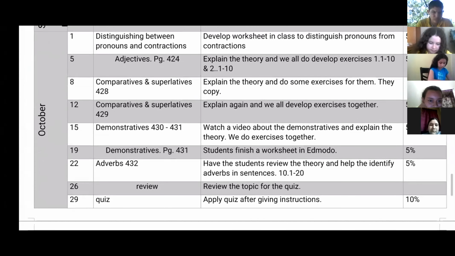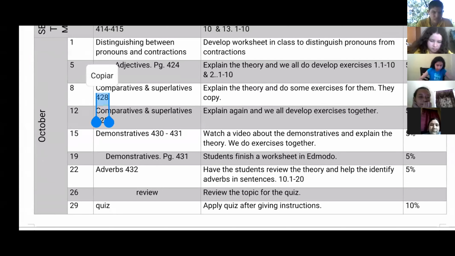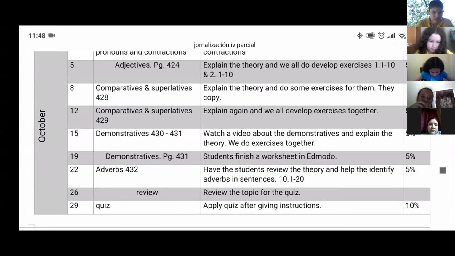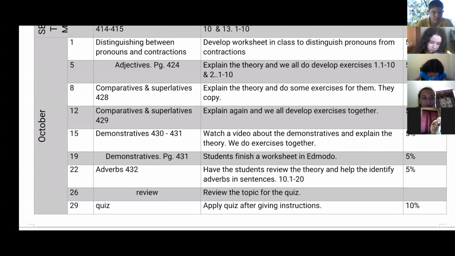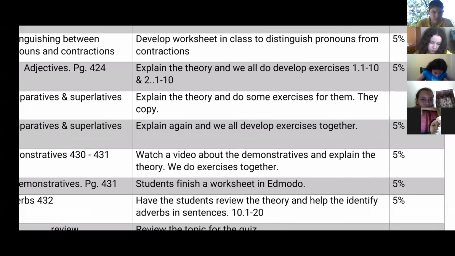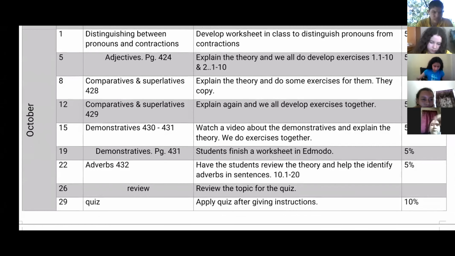For example, on October 8th, you may say, I am not going to attend Miss Alexandra's class because we're not going to win points. But you will need to know what that topic is about to develop the next exercise of October 12th, this one. There are just two classes that you're going to do by yourself in an assignment in Edmodo.